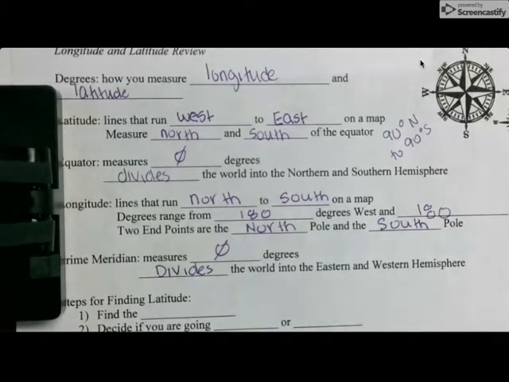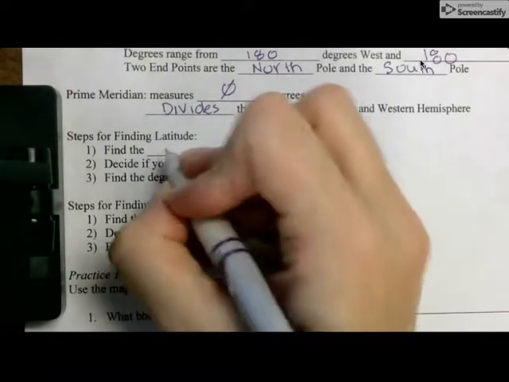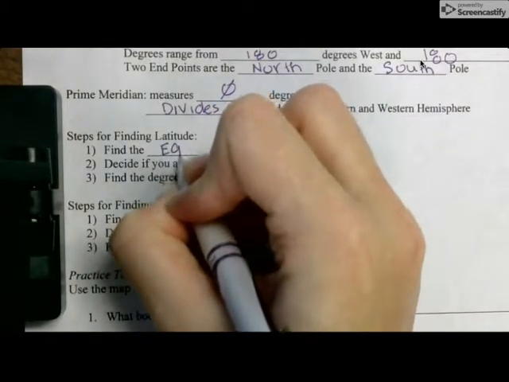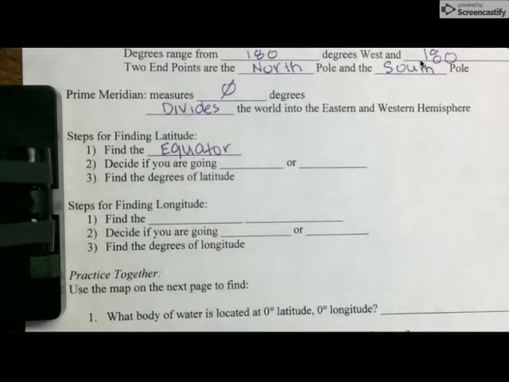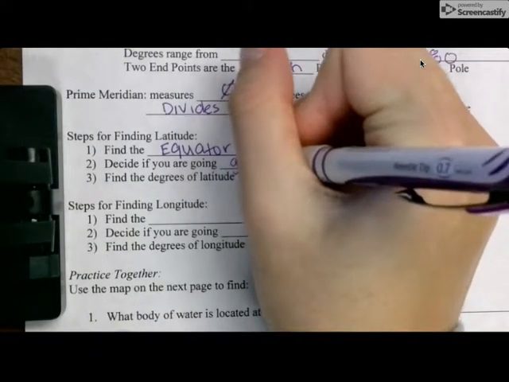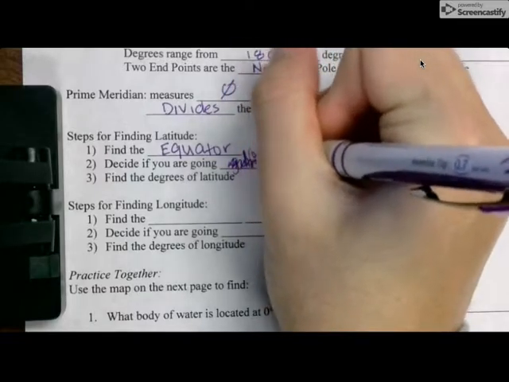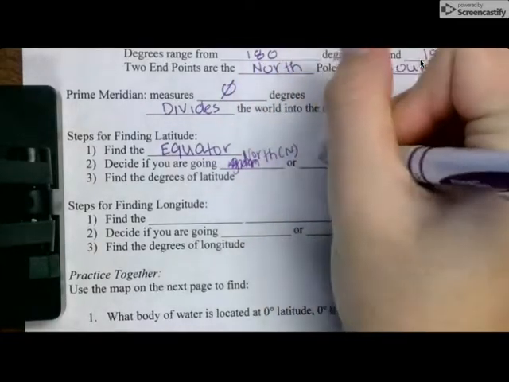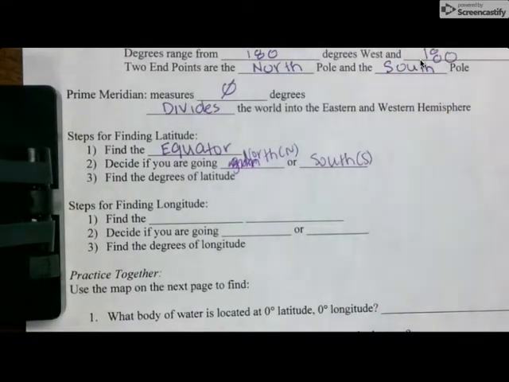First, if we're going to find latitude, we are going to find the equator. Usually it's labeled or it'll be the 0 degrees. Then you're going to decide if you are going north, which is N, or south, which is S. Then you find the degrees.